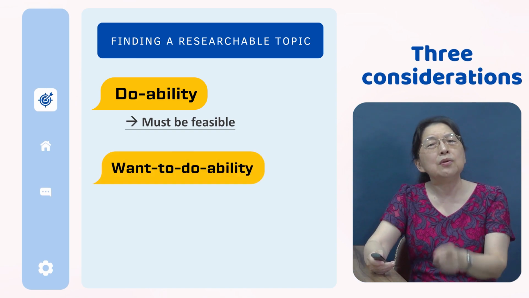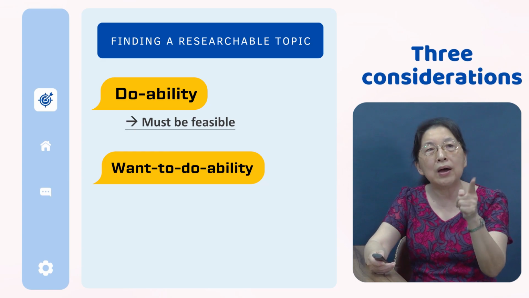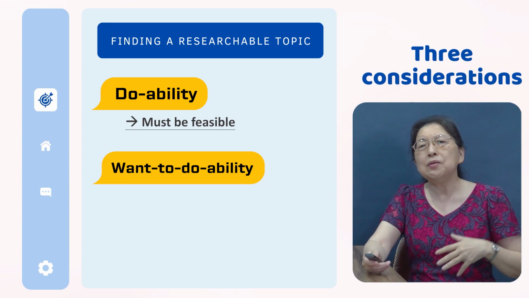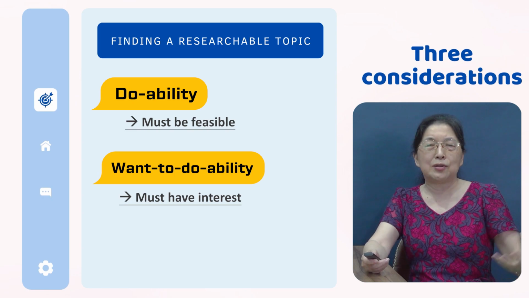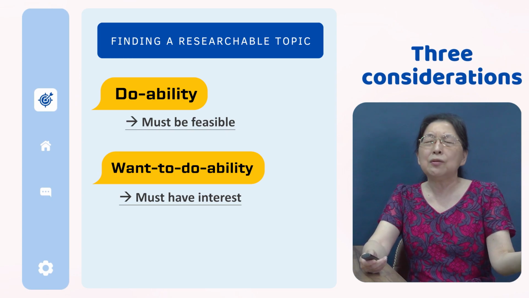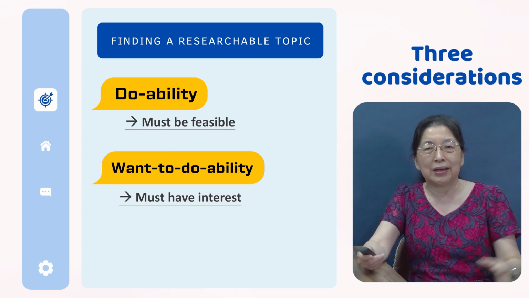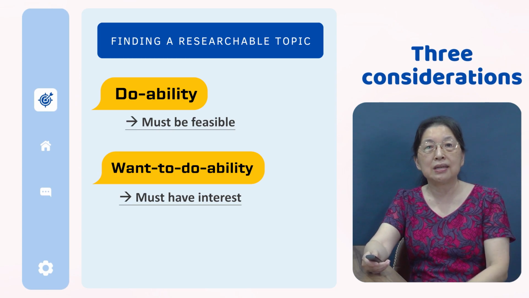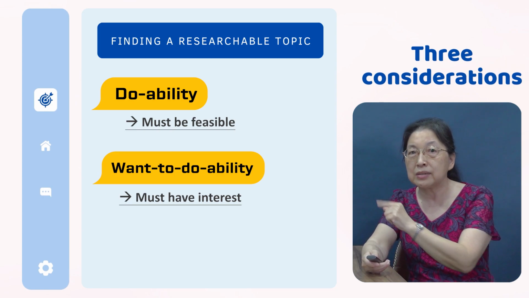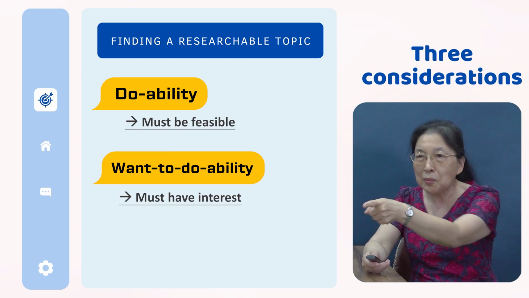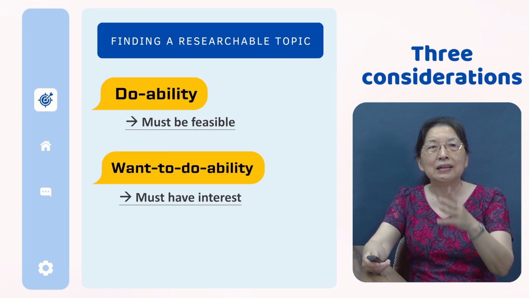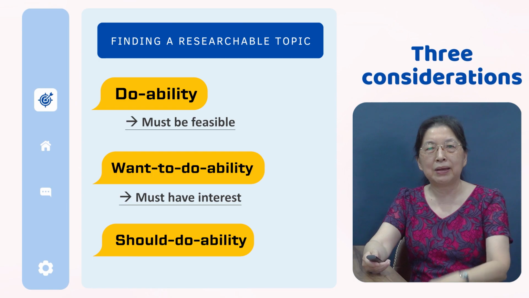Number 2, do you want to do it? The so-called want-to-do-ability. Are you interested in it so much? You have so much passion. You feel, oh, I just want to do it. If that's the case, then you also need to convince your team members that they want to do it too. Number 3, should-do-ability.